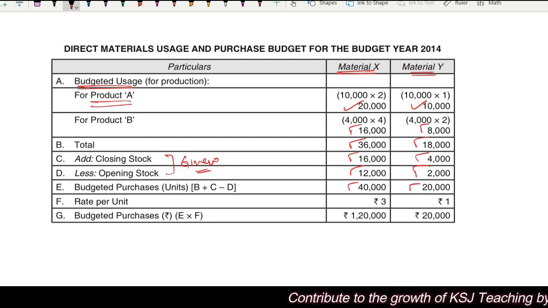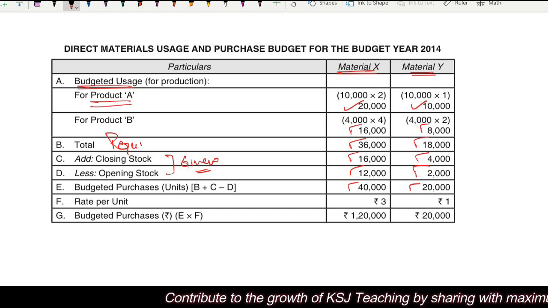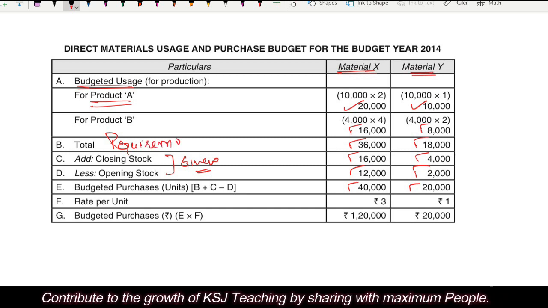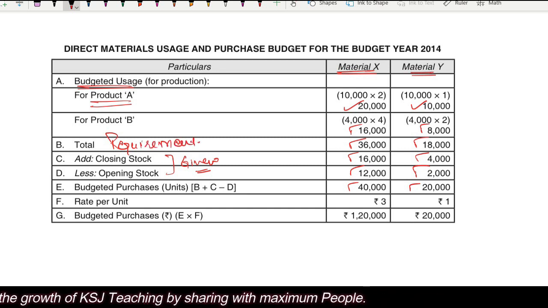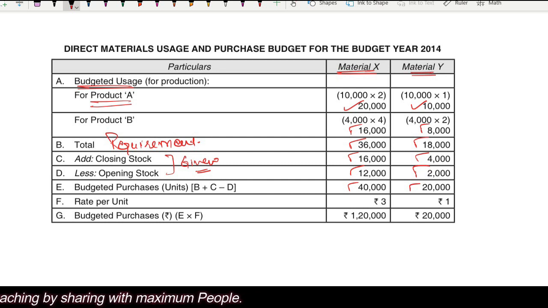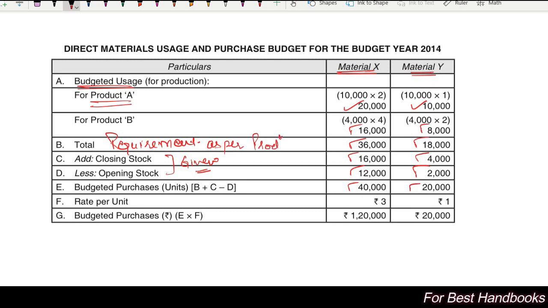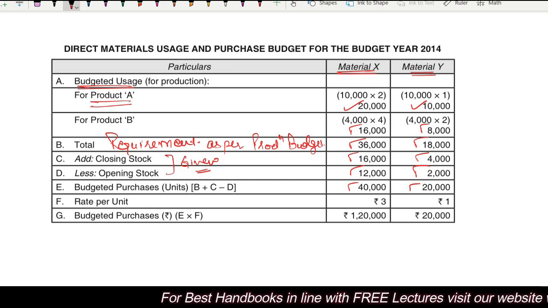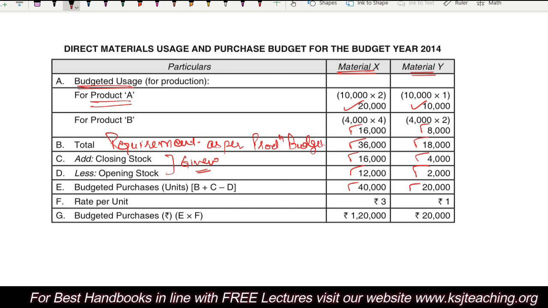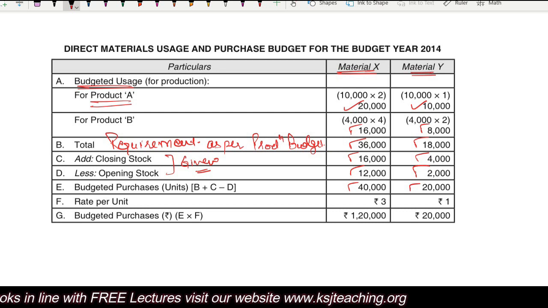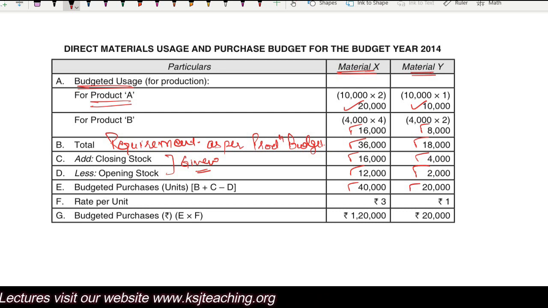This is the total requirement as per the production budget, 36,000 and 18,000, right? Add closing stock 16,000 and 4,000 given, less opening stock, since this stock is already lying there.